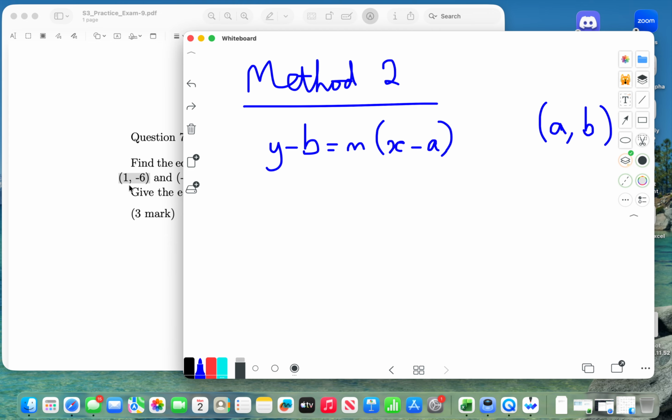So let's take the point 1, minus 6 again, and we substitute for a and b instead of x and y in this equation. So we keep the y and the x, and we substitute to get y minus minus 6 equals m, the gradient we established is minus 4, times x minus a, and a is 1.